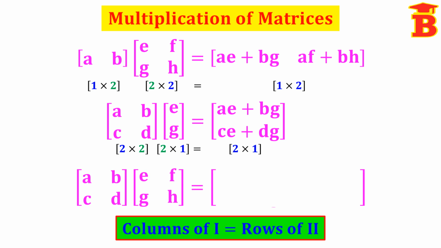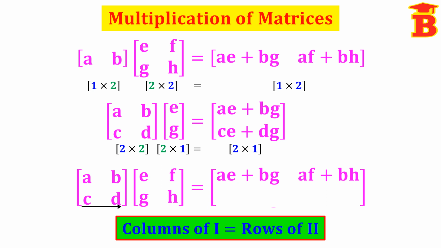Similarly, let us multiply the other two matrices. Here first matrix A, B, C, D, second matrix E, F, G, H. And we follow the same procedure. Take first row, multiply with first column, we get A E plus B G. Next same first row, multiply with second column, we get A F plus B H. This is first row answer.